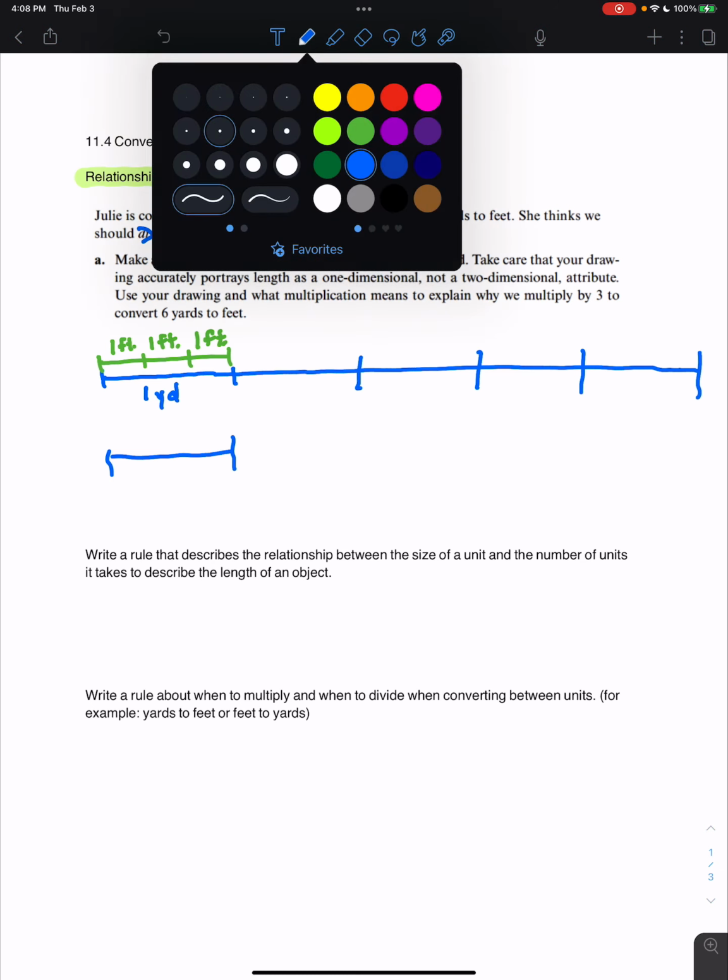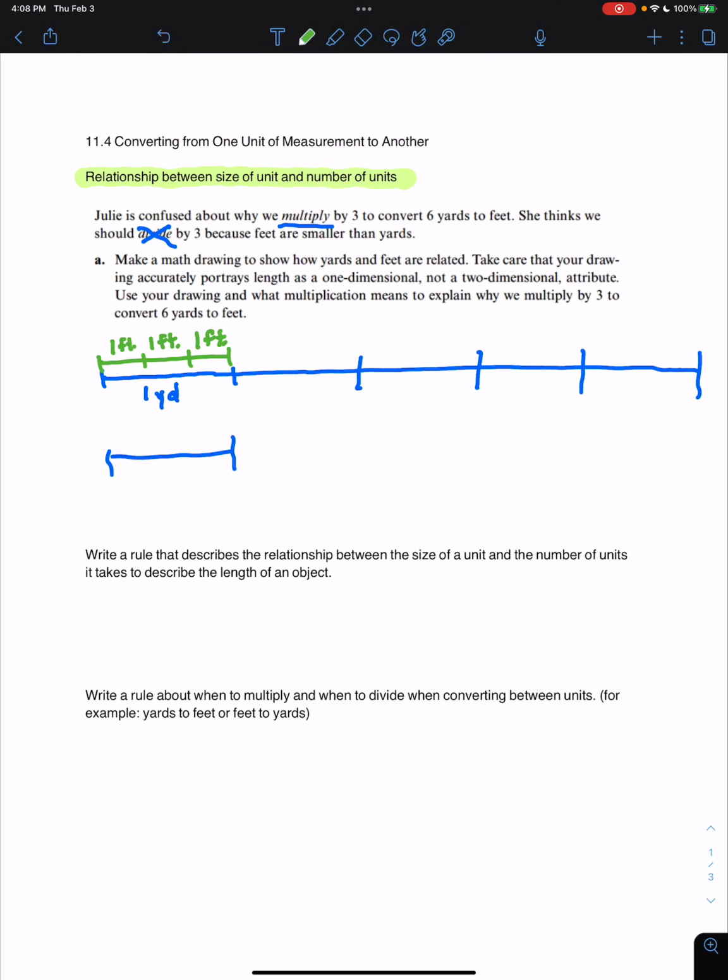And now we can show 3 feet for each of these 1 yards. 3 feet. And for my final yard down here, 3 feet.